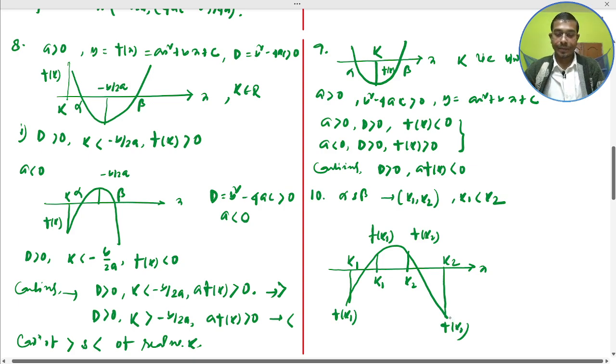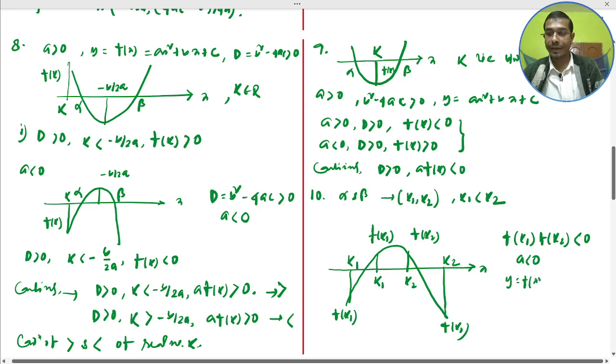So here, the function of k1 into function of k2 is less than 0, a less than 0, of y equal to f(x) is equal to x square plus bx plus c.